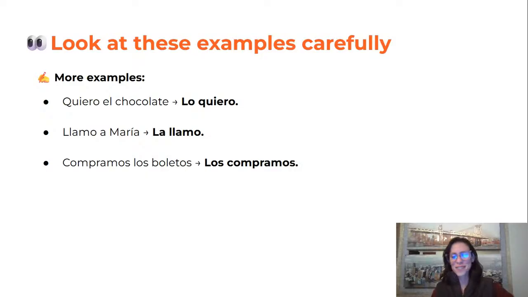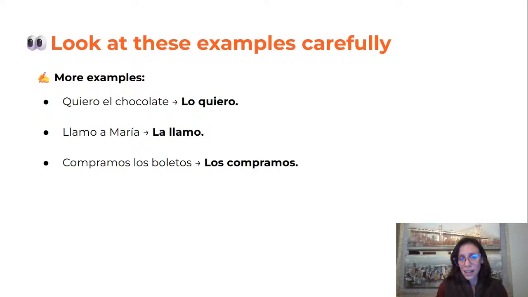Let's see. Lo quiero. I say, I want the chocolate. Quiero el chocolate. Lo quiero. When I say lo quiero, remember lo represents it. So I want it. Lo is replacing the chocolate. El chocolate. Lo quiero.